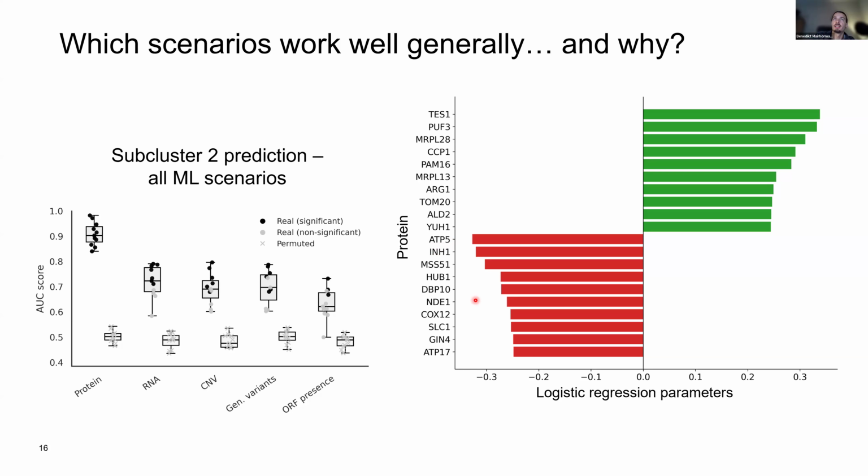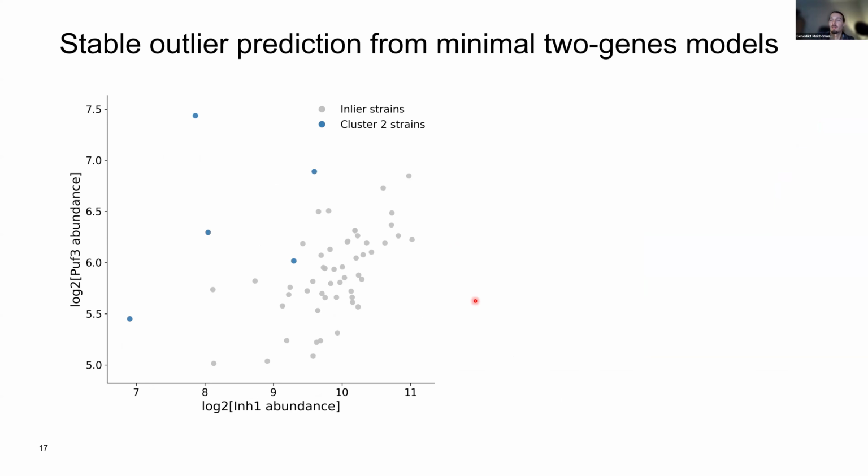And interestingly, we can get almost perfect predictions for this cluster 2 outliers from just two genes. And this is not only INH1 and PAF3, which I'm showing here, but several combinations of two genes which allow us to make almost perfect predictions of whether a strain is going to be a cell cycle outlier or not.